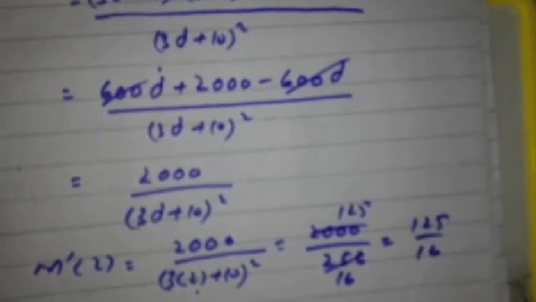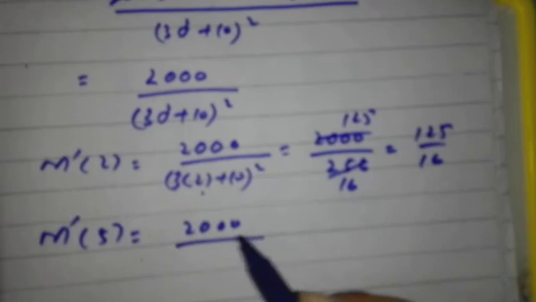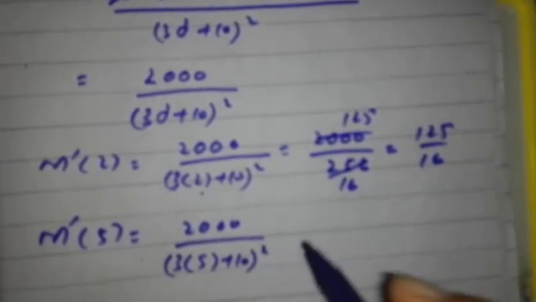Now M prime of 5, 2000 over 3 into 5 plus 10 whole square.